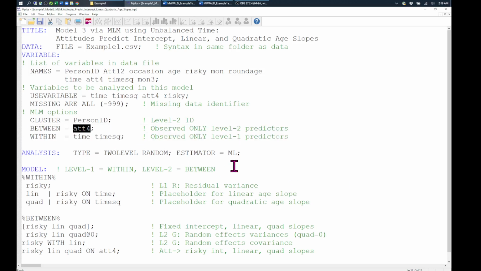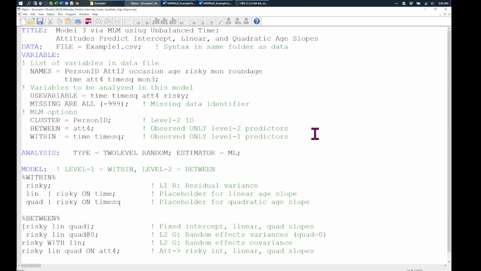And in this case, attitude centered at 4 is our between level variable because that is time constant, time invariant, whereas time and time squared are purely on the within level 1. So as we move from models where we're shifting from observed variables to latent variables, this part will change accordingly. But for now, these things are all treated as level-specific observed variables.